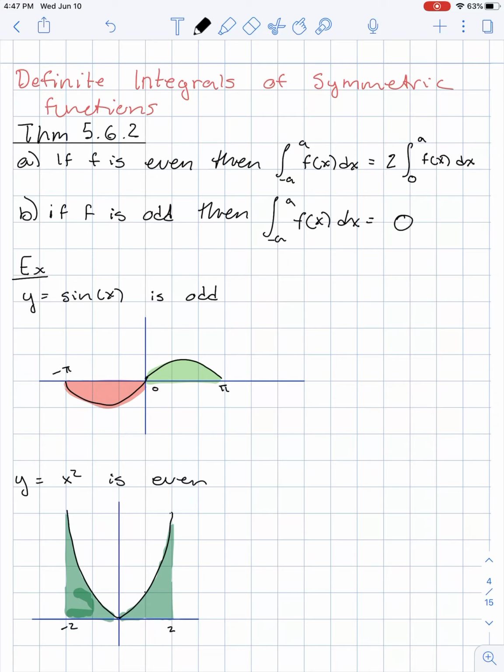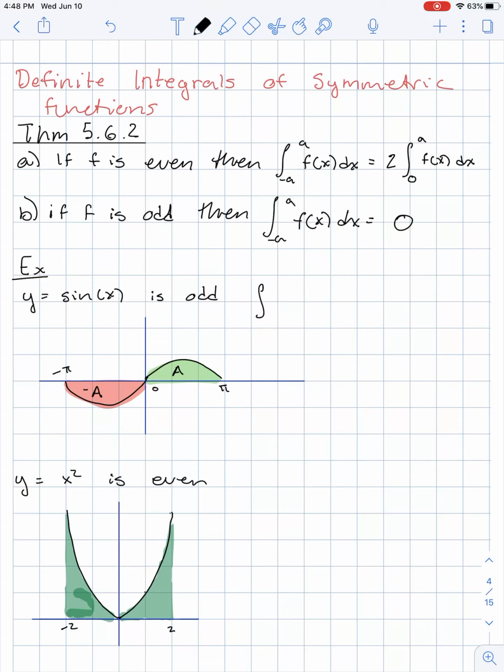So let's look at the picture. Sine of x is odd. So if we look at negative pi to pi, that red area is the same value as the green, just negative. So when I add these together, I'm going to get area minus the same area. That gives me 0.